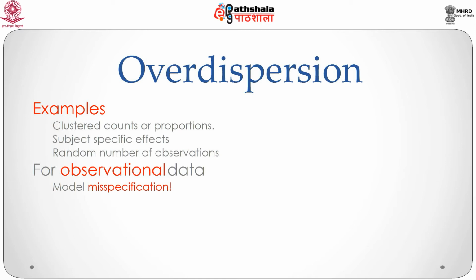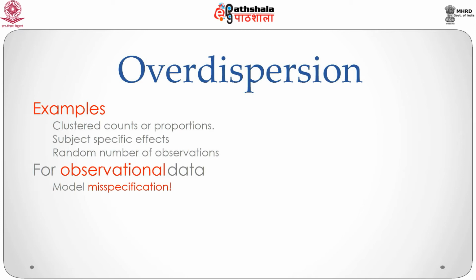So these can lead to distributions such as the beta binomial or the Poisson gamma, and we have seen that these again lead to overdispersion. Finally, overdispersion can also occur when the number of observations which we observe is not fixed by design but is random and has a probability distribution.